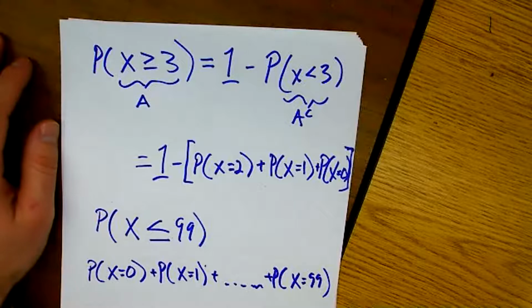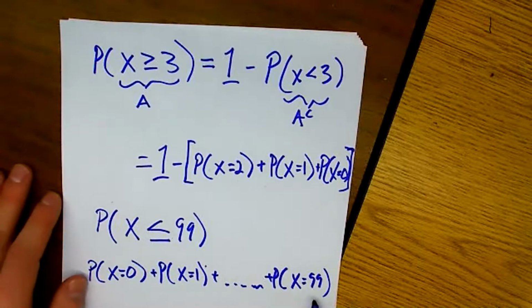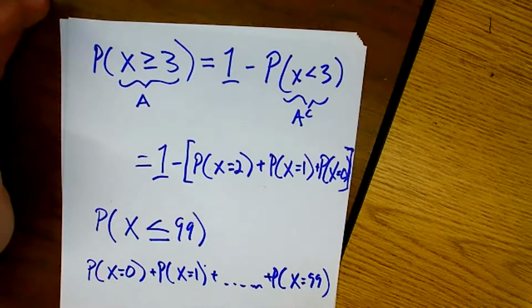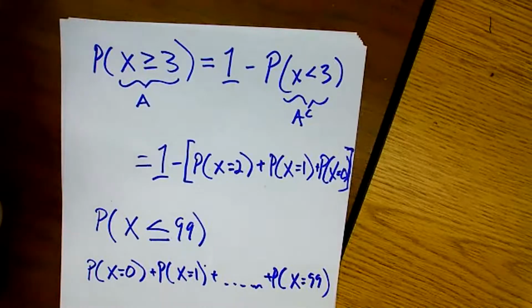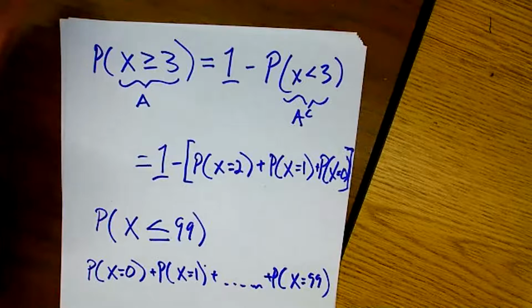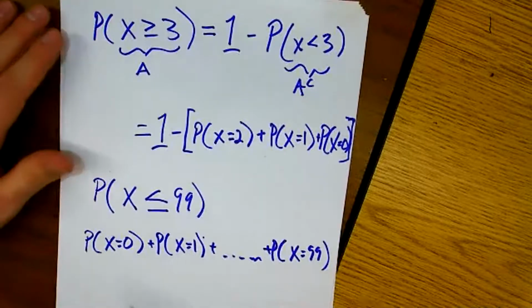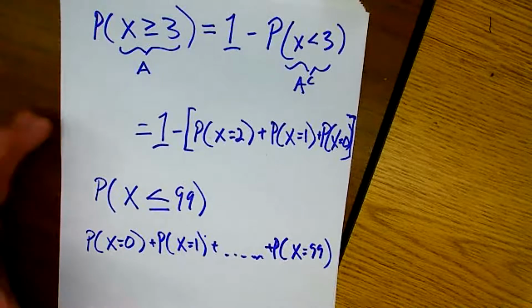We said last class that the probabilities of every single outcome should always add up to 1. So this is going to be really, really close to 1, right? Because the only probability it leaves out is the probability x is equal to 100. What's the probability that if you flip a coin 100 times, all 100 come up heads? Pretty low, right? We can figure out how low it is, but it's pretty low.